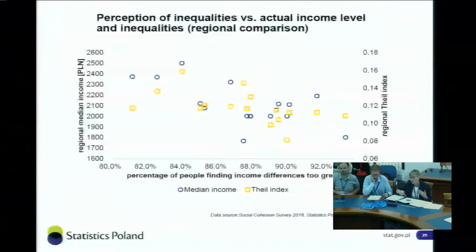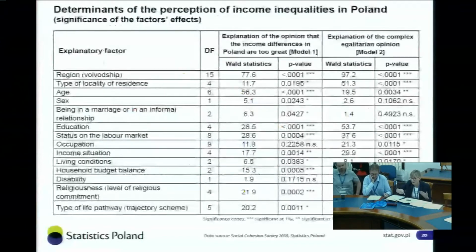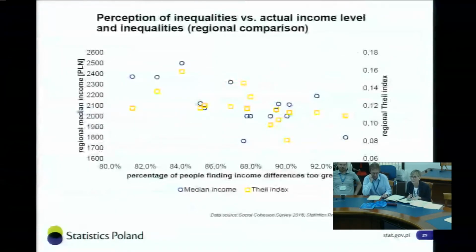We use very typical determinants like region and type of locality, but also more untypical ones, like level of religious commitment and type of life pathway, so trajectory of life, etc. And we also analyzed perception of inequality versus actual income inequalities on a regional basis.